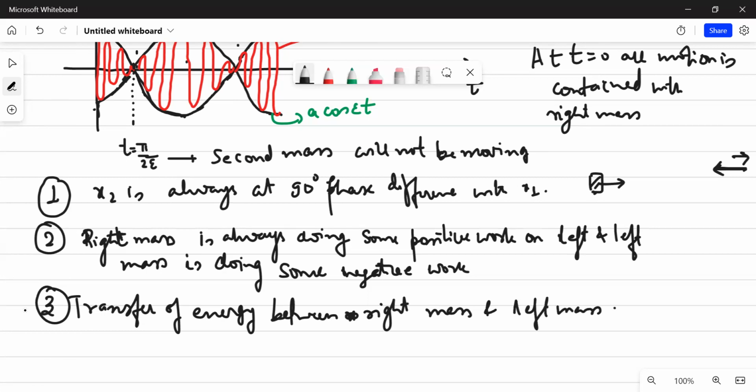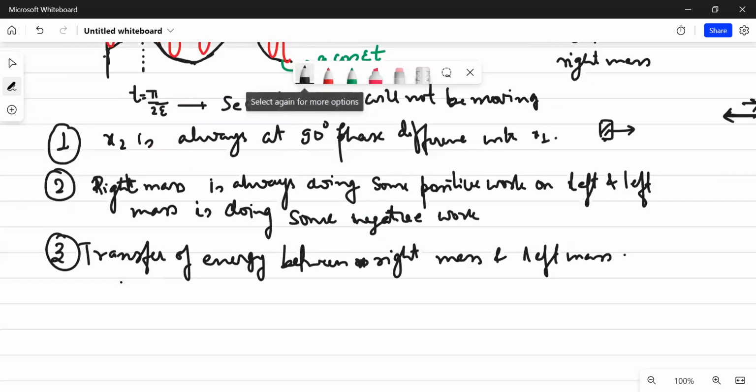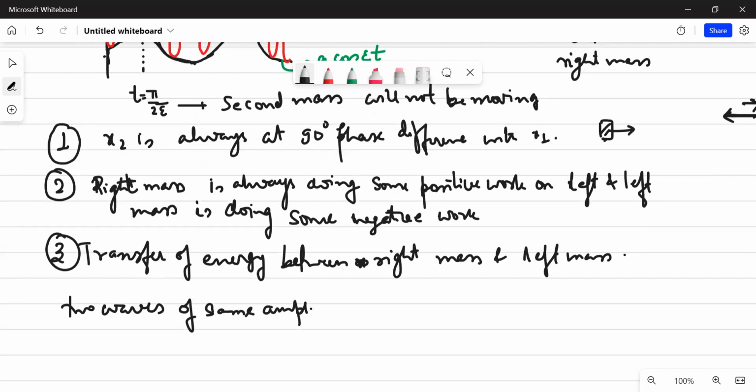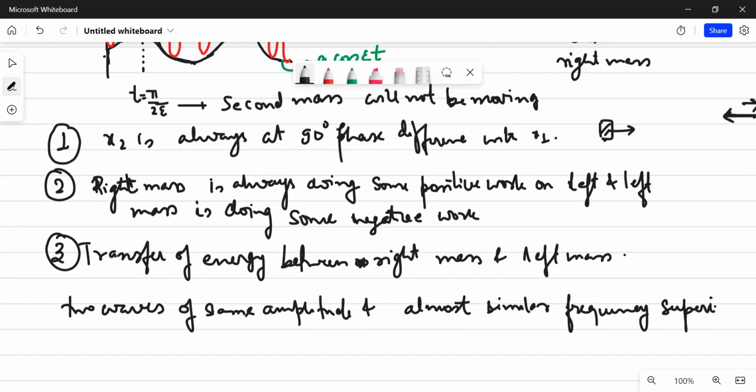Okay. Now in acoustics, like in sound waves, what do you say? That if two waves of the same amplitude and almost similar frequency superpose, they give rise to something called beats, the phenomenon of beats.